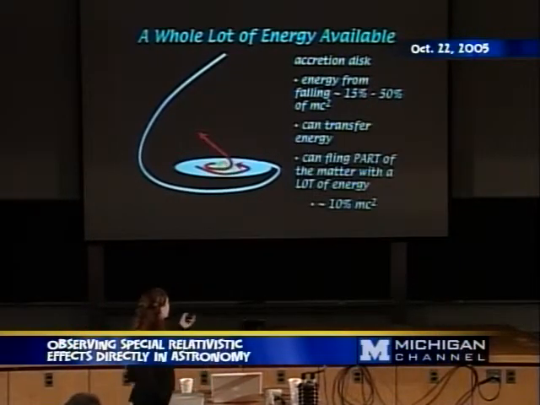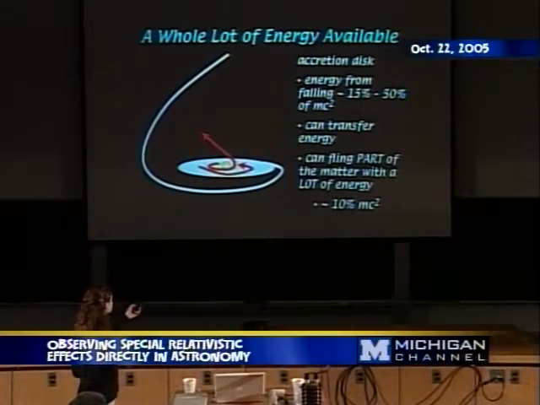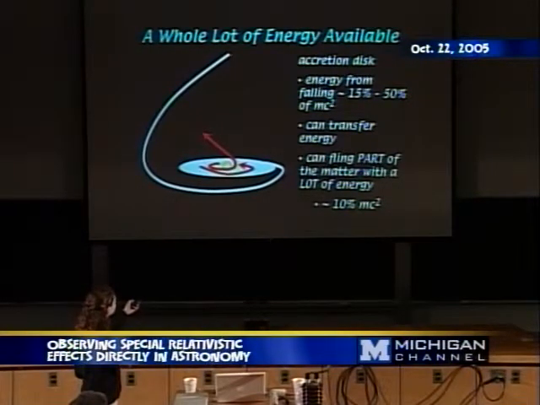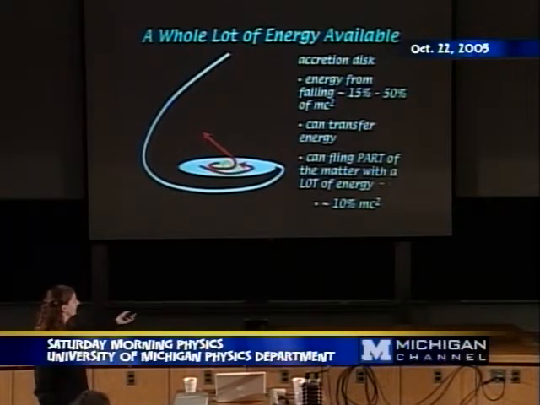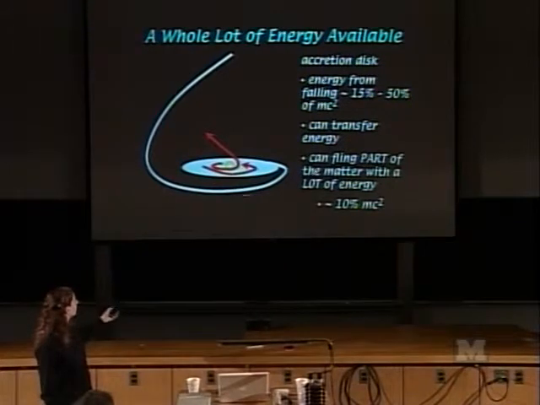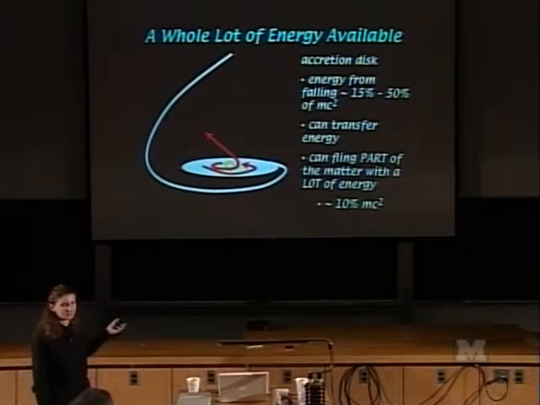So you can transfer that energy in the material in this disk, and some small part of it can spiral in and almost but not quite hit the central mass, and by that get flung out with a lot of energy, and that's what powers the jets. They think that about 10% of that mass energy that falls onto an object like that can be used to power a jet.